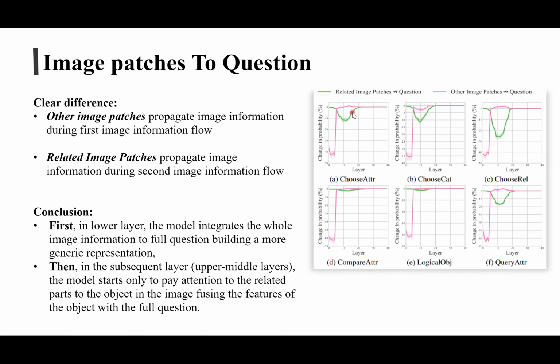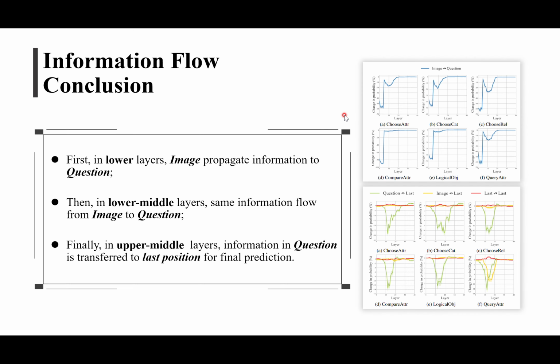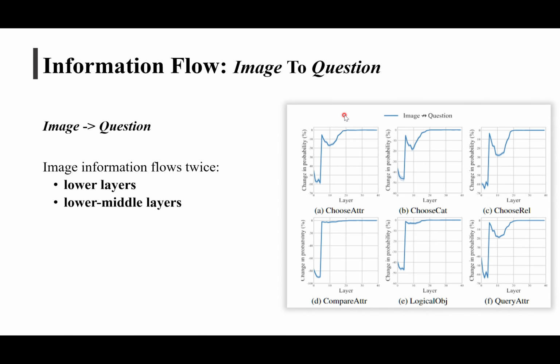And we can find that during the 0 to 4 layer, the pink one plays a dominant role, but around the 10 layer, the green one plays a dominant role. But when we add these two lines together, it's just like this line. This line is the information flow from the whole image to the question.